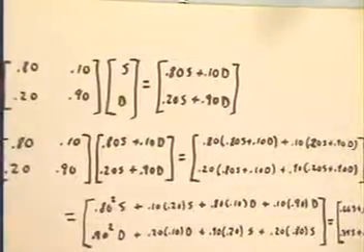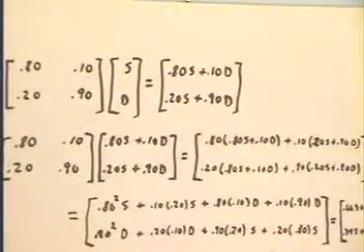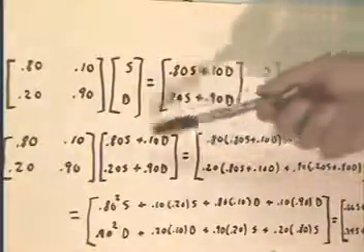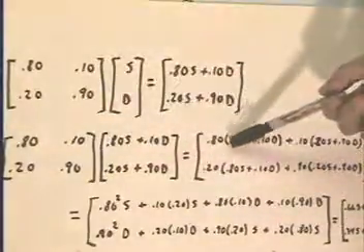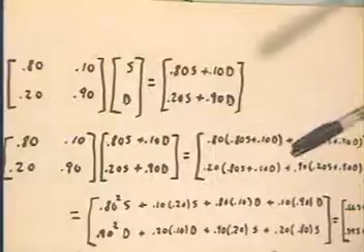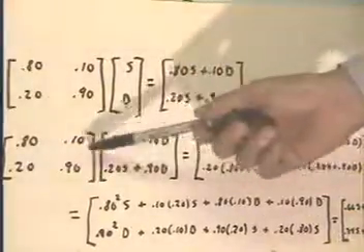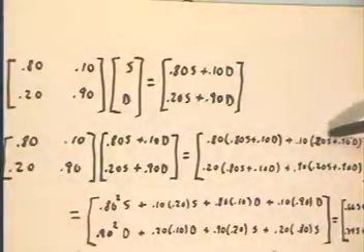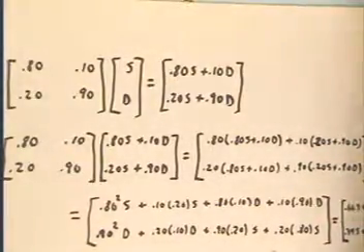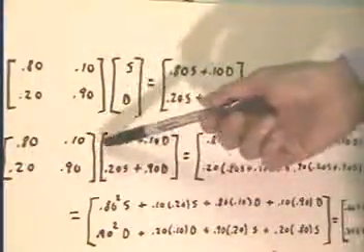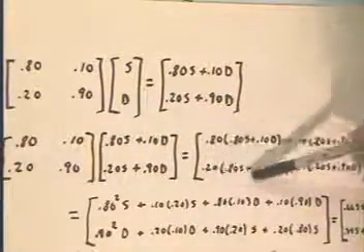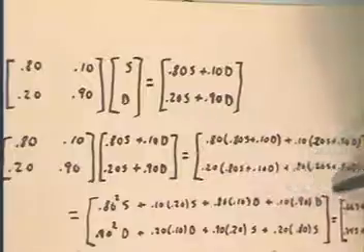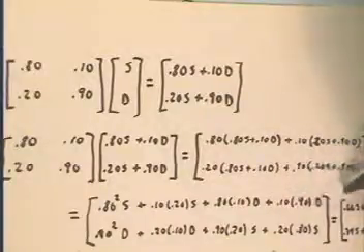This might get just a little bit small. Stay as close to it as we can. We have the 0.80 times the 0.80s plus the 0.10d plus the 0.10 multiplied by the 0.20s plus 0.90d, and that shows up here. And then we have the 0.20 times the 0.80s plus 0.10d, that's here, and the 0.90 times the 0.20s plus 0.90d, which comes out here.